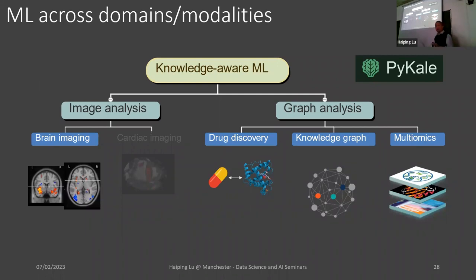From drug discovery across domains, when we find a model, it bridges the space so that we can have more related modeling. And using knowledge graphs to integrate data and multiomics, where we deploy feature selection.